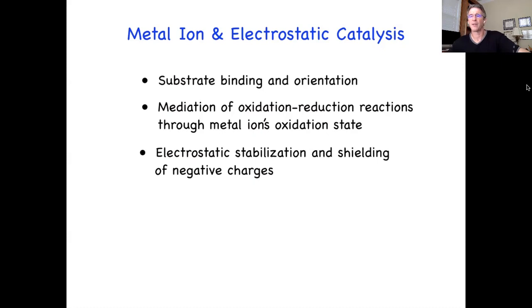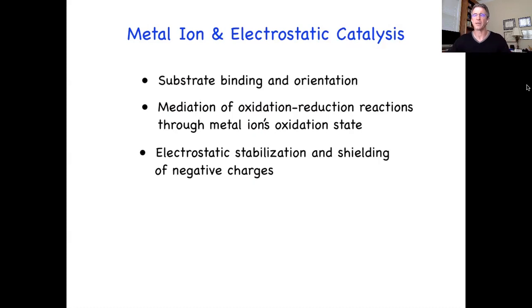So if you have like a 2+, 3+ ion of a metal, that's a lot of positive charge in a very small space, right? So you can use that to shield or reduce the development of critical negative charge in a transition state massively, right? So this is a situation where you would formally call this electrostatic catalysis, because that's what the metal is doing.